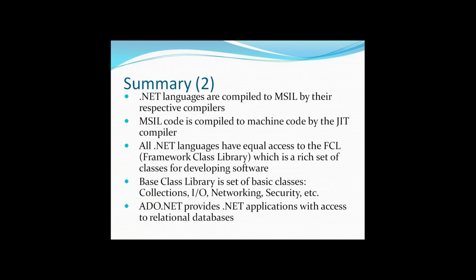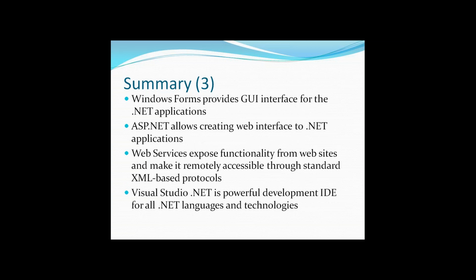Then how to convert a language? Converting a language inside the CLR: source code is converted into IL, intermediate language, by using the CSC compiler. After getting IL, it is converted into machine code by using the JIT compiler. Then we saw ADO.NET. ADO.NET is nothing but the intermediary between your front end and back end.